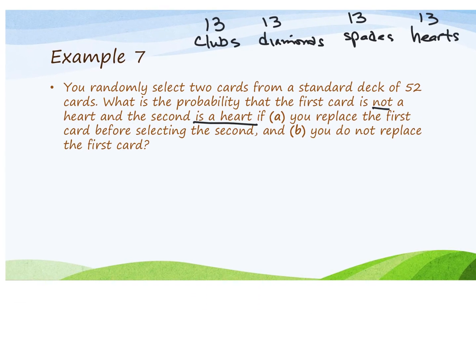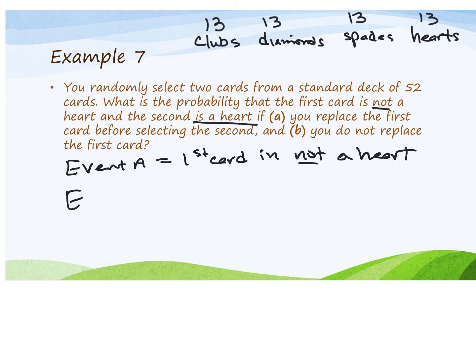So let's go ahead and identify our events. I'm going to say event A is that my first card is not a heart. And then event B is that the second card is a heart.